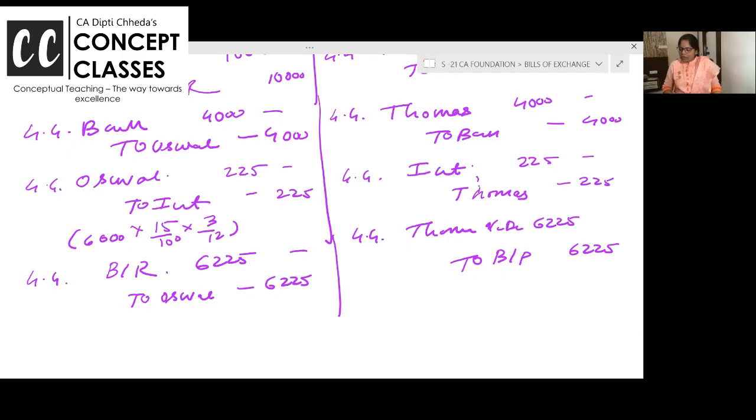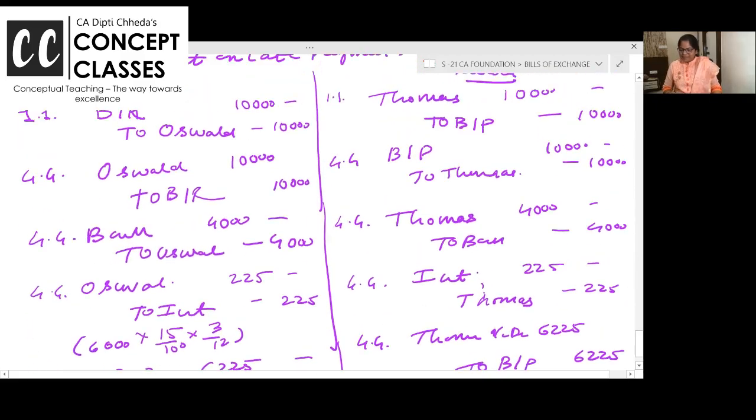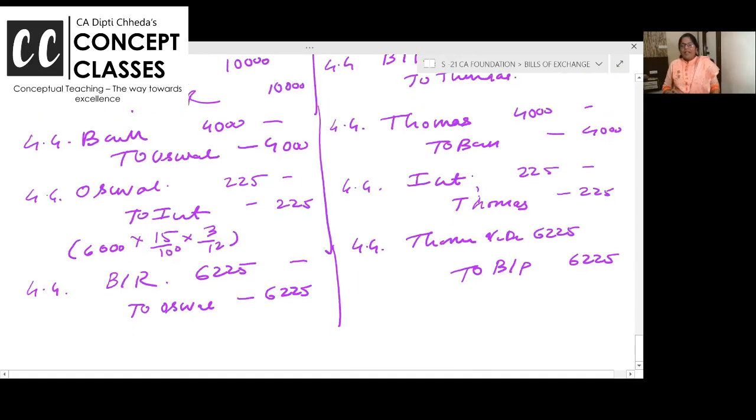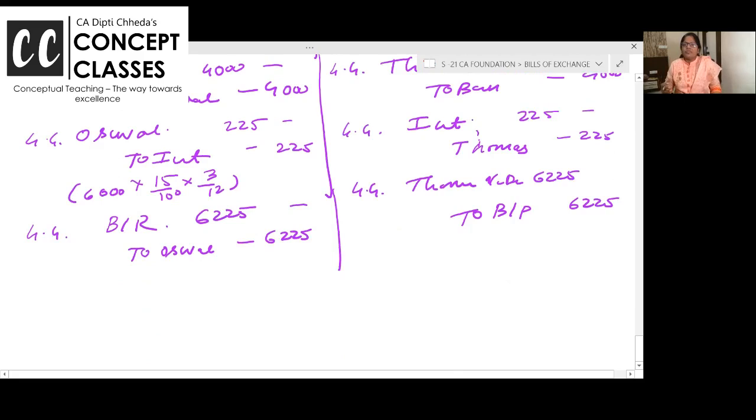Nice, clear to all of you? They could have given interest also, then the interest amount would have been 4,225 and the second bill only 6,000. Once you know, these journal entries are so easy, because we have done journal entries for 4-5 classes, right or not? Subsidiary books and all.